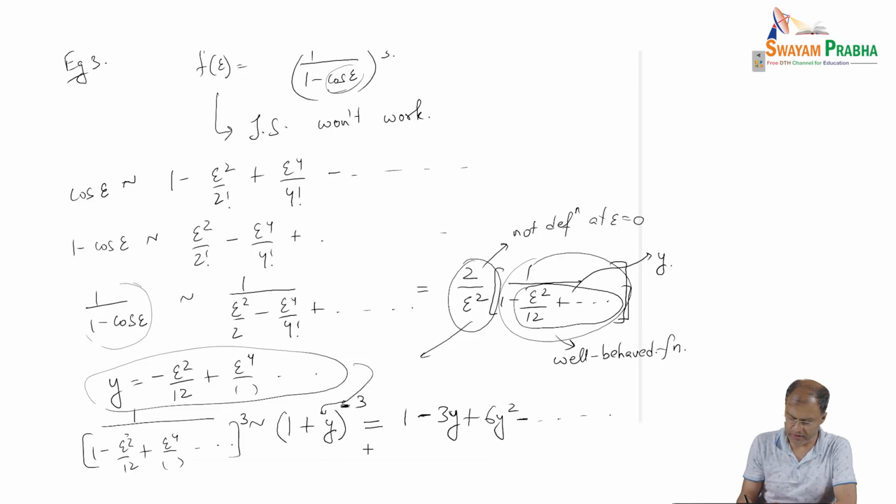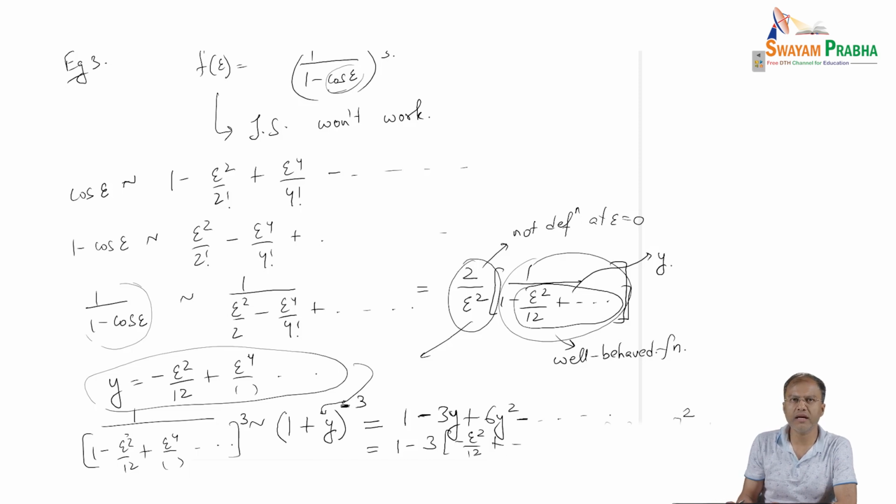So what we have is that this is 1 minus 3 times minus epsilon square by 12. So now we can start to plug in the values of y. 1 minus 3 epsilon square by 12 plus and so on, plus 6 times the y square factor, minus epsilon square by 12 plus and so on, to the power 2.